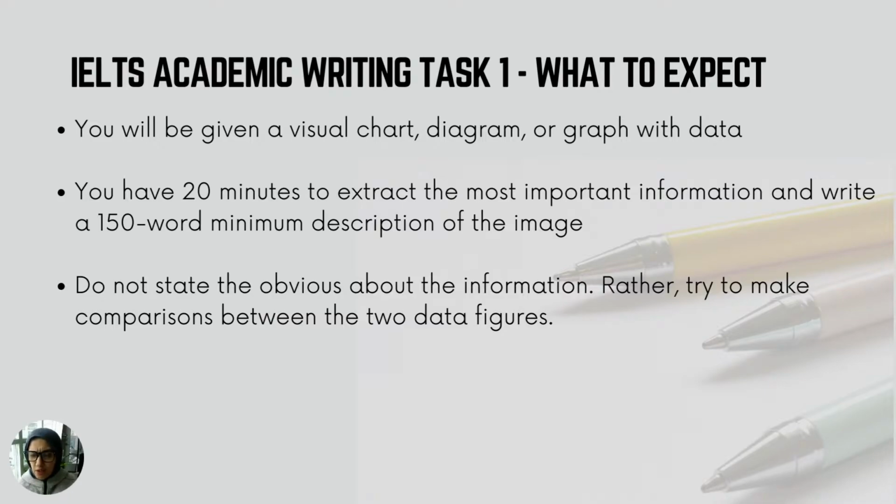You need to make sure that you are able to include relevant information, and you don't need to state the obvious. Rather, try to make comparisons between two data figures, or talk about certain specific points.